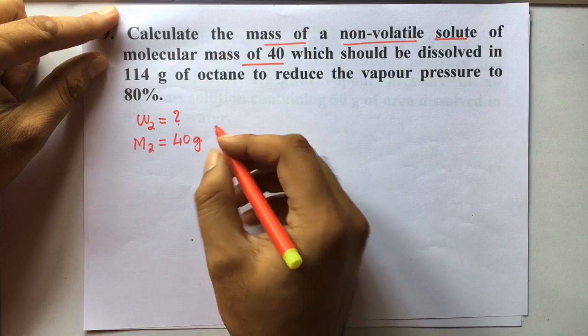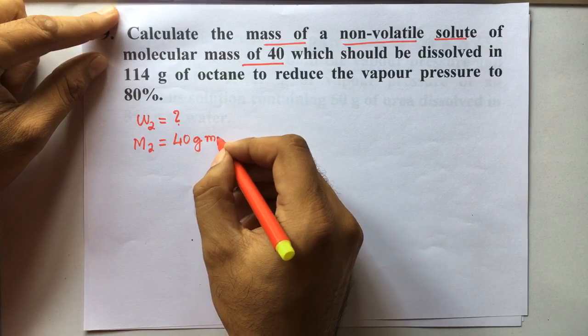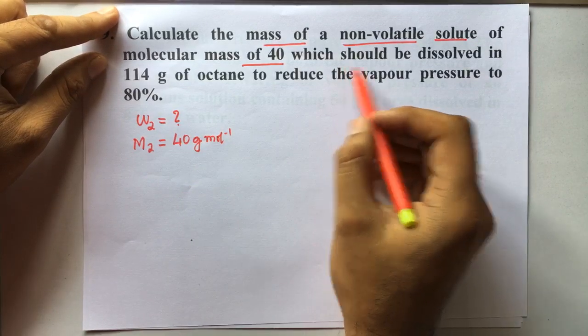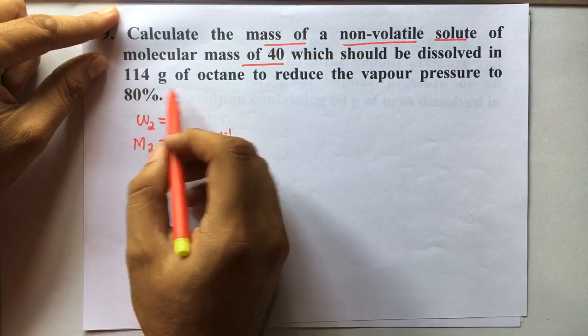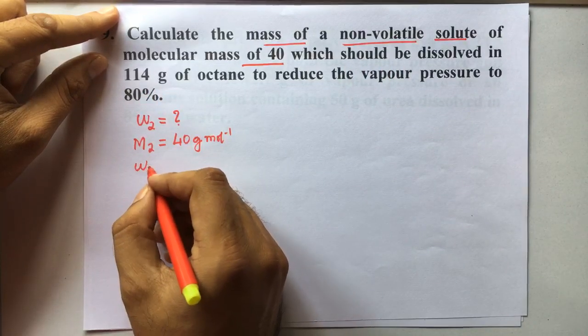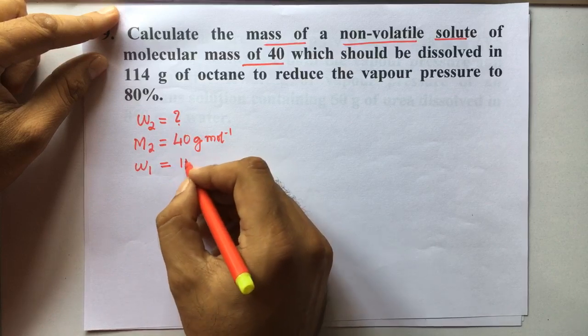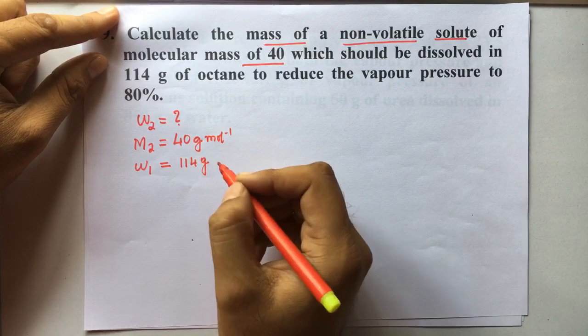We need to know the unit of molar mass is gram per mole. It should be dissolved in 114 grams of octane. So the solvent is octane, so W1 is equal to 114 grams.